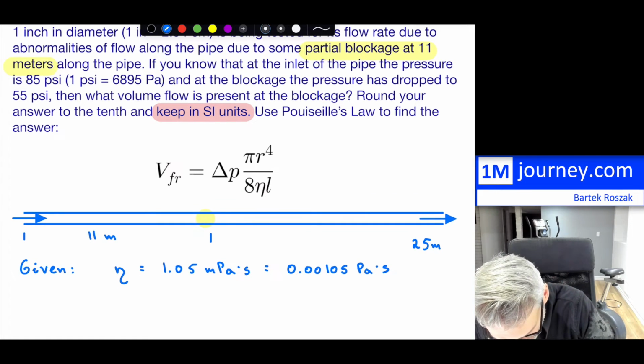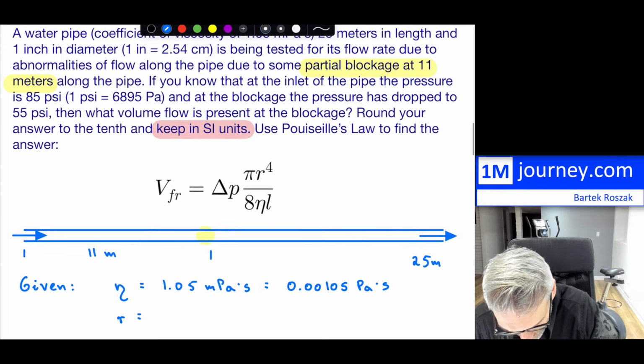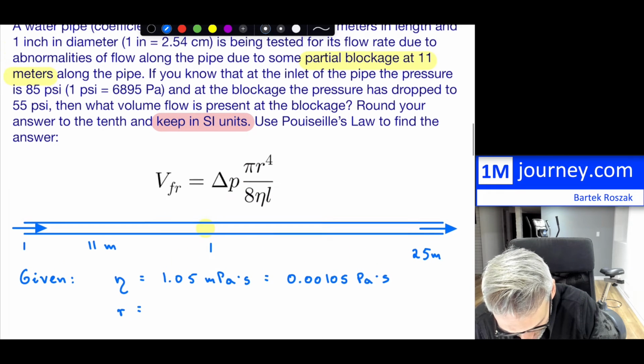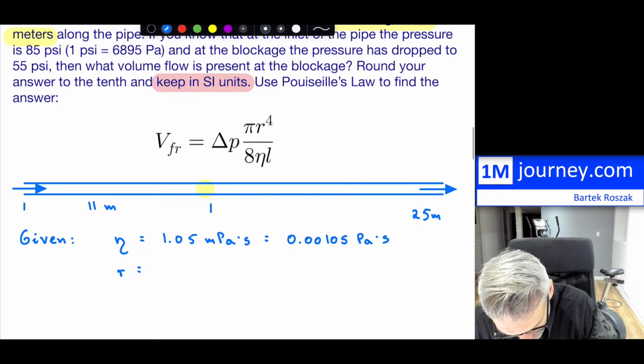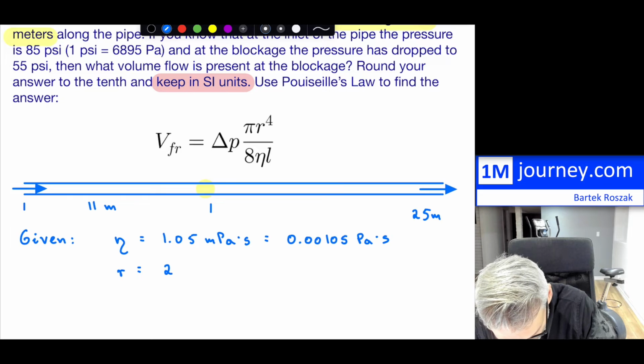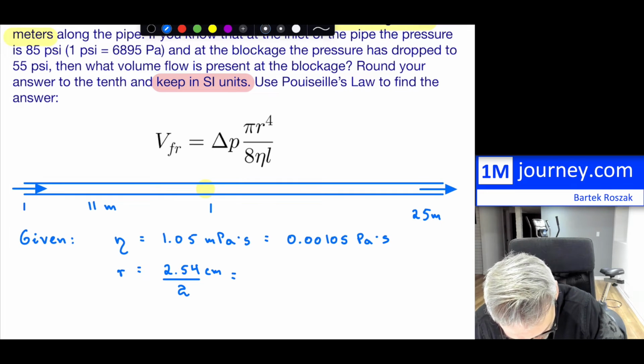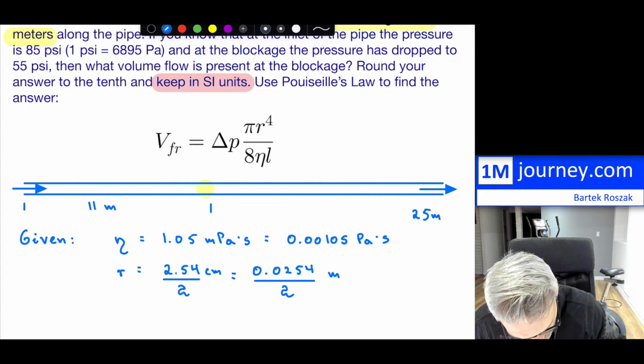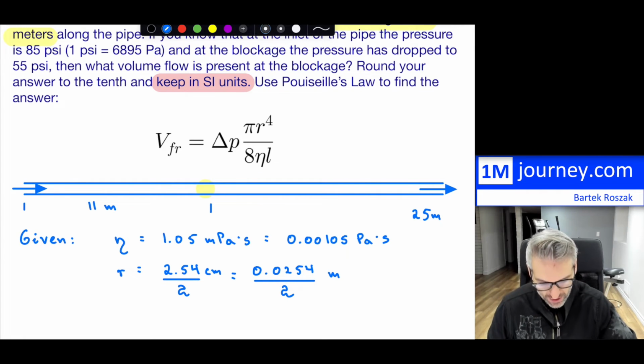We have our diameter, so that means our radius is going to be half our diameter. Now notice it says it's 1 inch, which is 2.54 centimeters. So I'm going to just write this out, 2.54 centimeters, but this is of course divided by 2 because it would be the radius. So again, in metric standard units, 0.0254, because from the centi into meters, this is what it's going to be, and we can certainly find out what that will be.